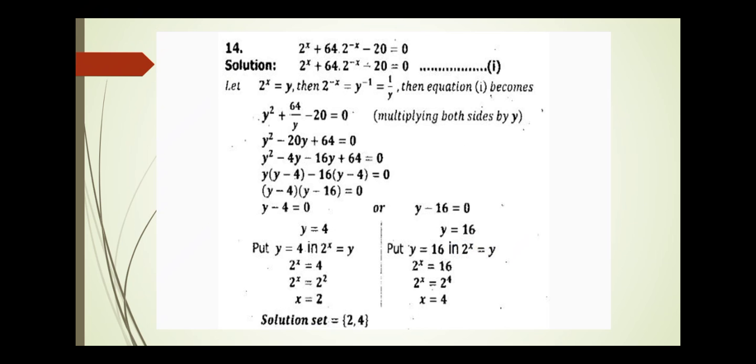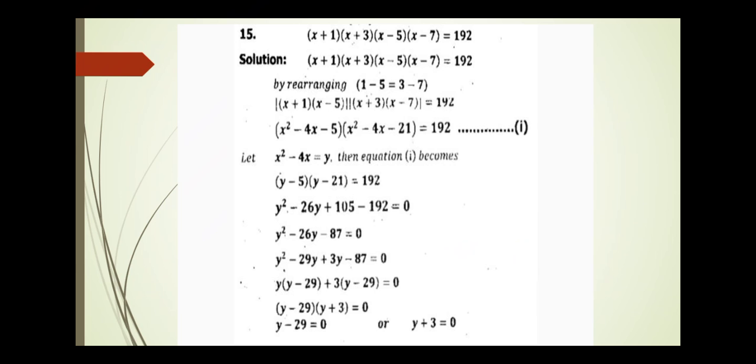Here is also the same question. This is question number 15 now. In this question, I told you that you will join the two terms which make the same answer. Like here 1 and minus 5 becomes minus 4, and 3 and minus 7 also becomes minus 4.